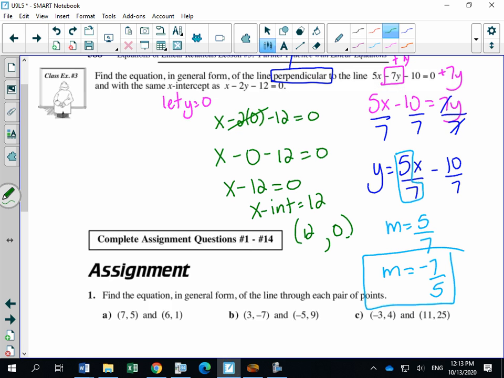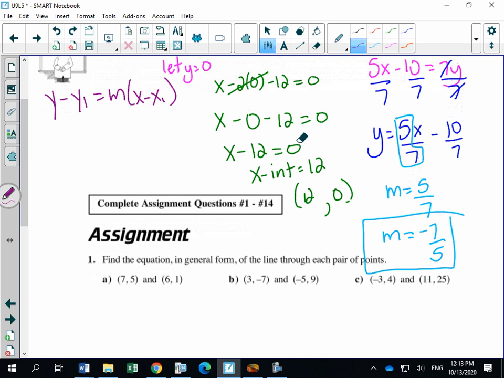Okay, what do you guys think? We need an equation in general form. I got a slope and I got a point. What are you going to do? Slope point form. Yep, you got a slope, you got a point. Y minus y1 is equal to the slope, open bracket, x minus x1. So my point is x1, y1.